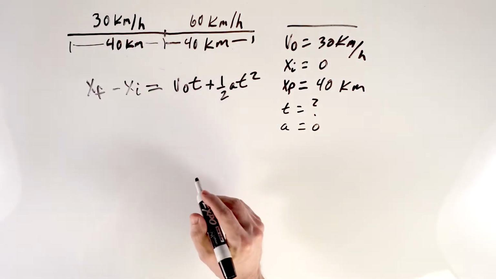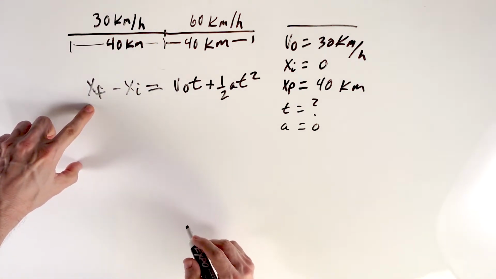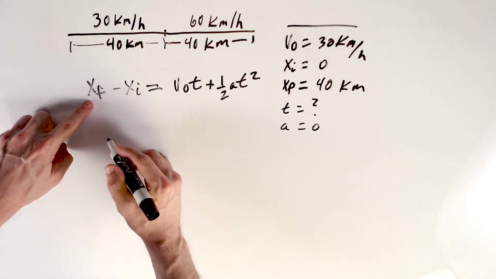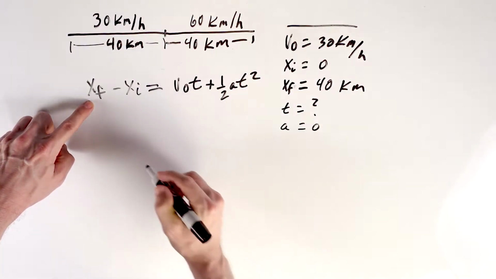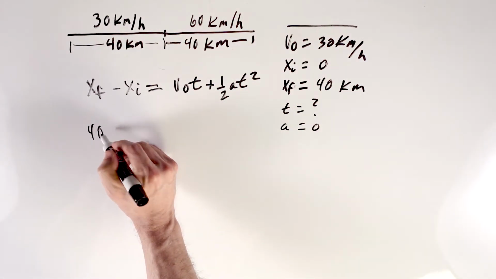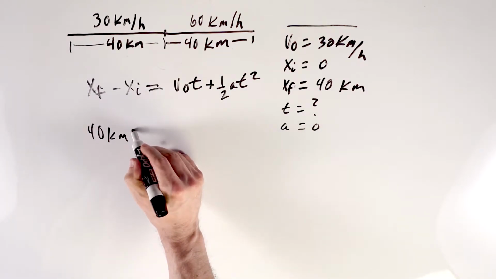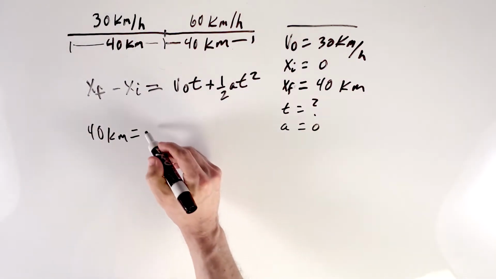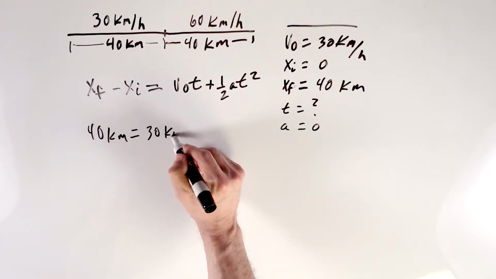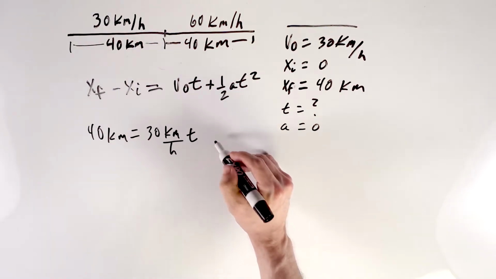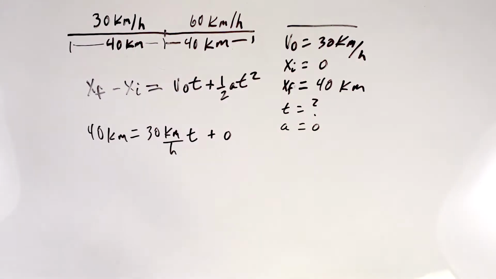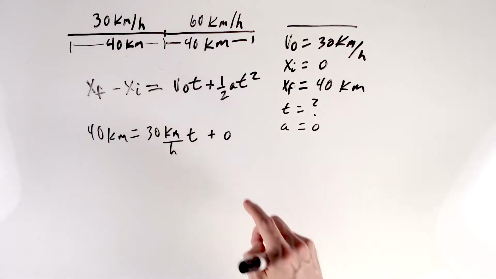So if we fill that in, you have your x final, which is 40 kilometers. So you get 40 kilometers equals the velocity, 30 kilometers per hour, times time, and then that's plus 0, right? Because this whole piece just gets wiped out.